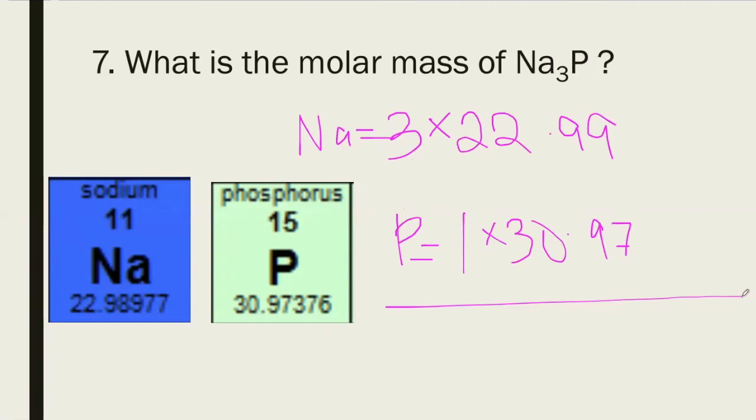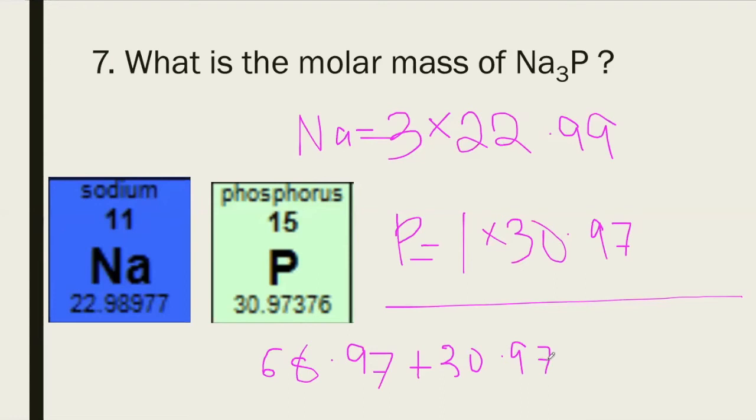So first thing we do, we multiply. So 3 times 22.99 will give us 68.97 plus 30.97.